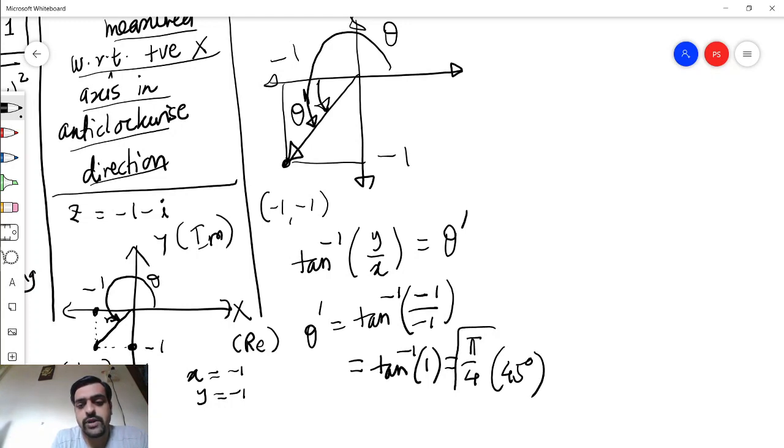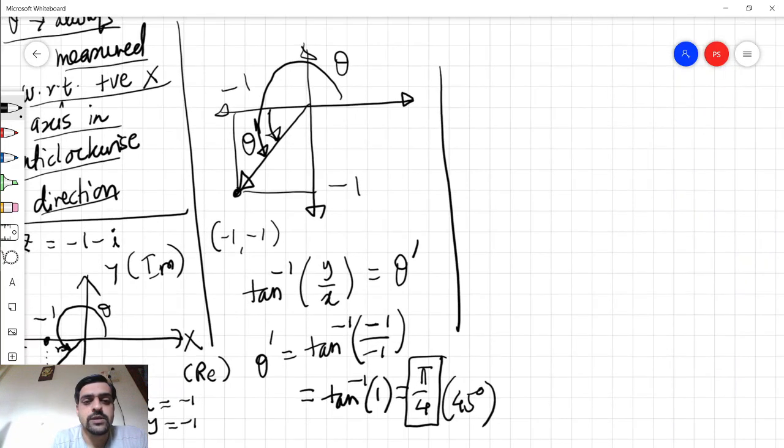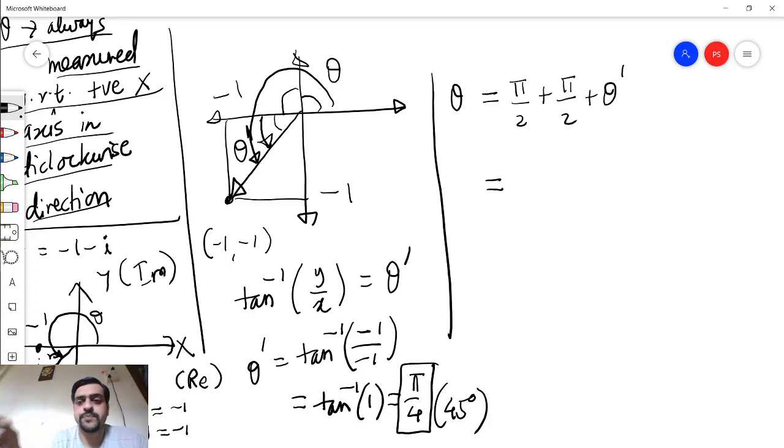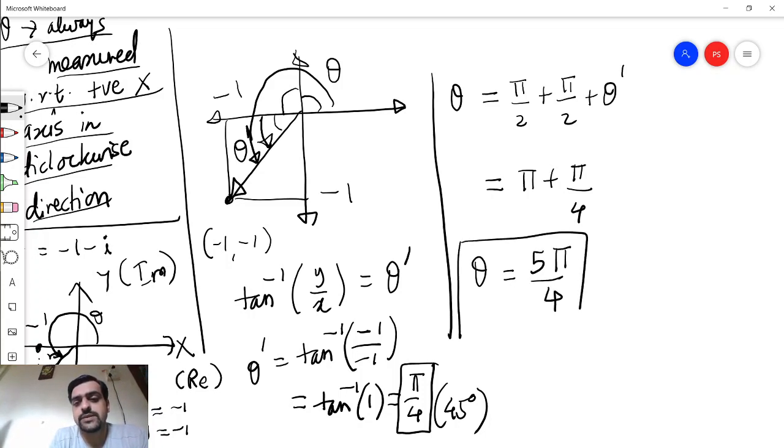But remember, we are going to take the value expressed in radians. So theta which we are interested in would be pi by 2 plus pi by 2 plus theta dash, which would be pi plus pi by 4. So final value of theta would be 5 pi by 4. Yes.